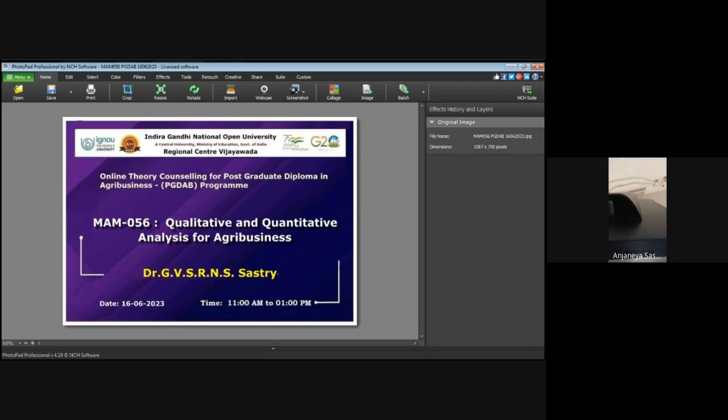So next one is logical research. Research is also classified in different ways. First one is objective-based research, application-based research, and formation and interactive-based research.